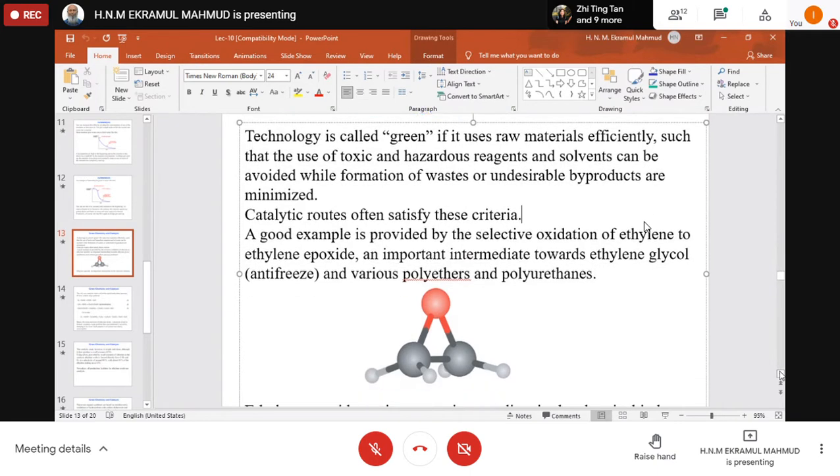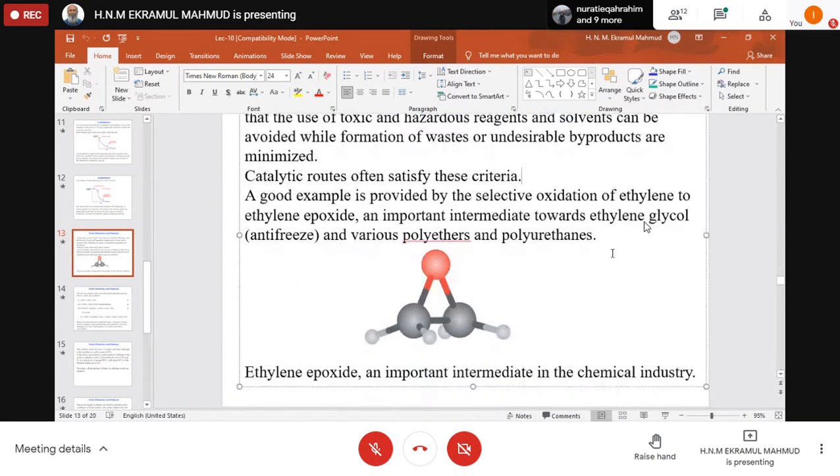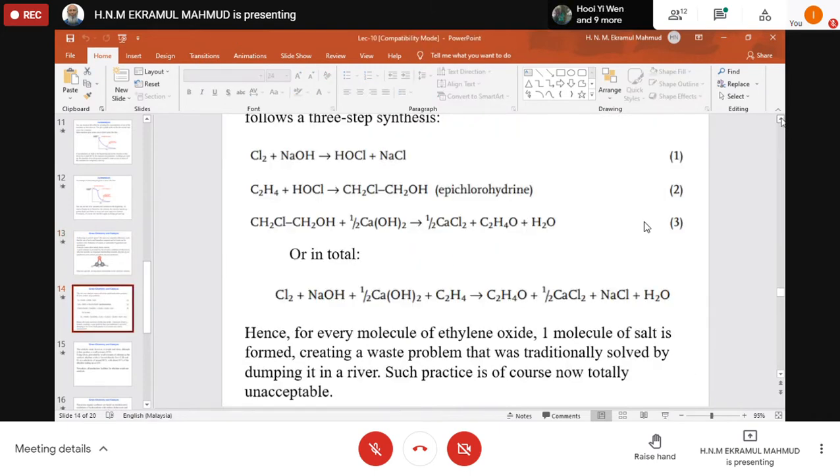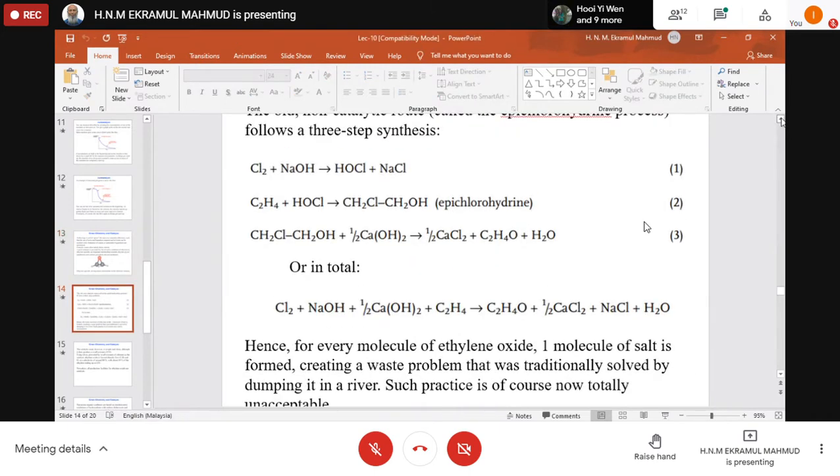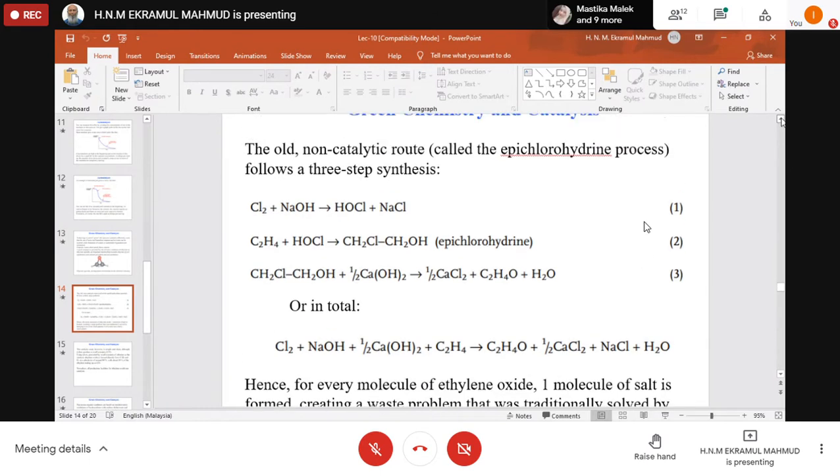If we produce this ethylene epoxide, which is an important intermediate in the chemical industry, we find that by a normal process without using any catalyst, we come across some salts, using the old technique, the non-catalytic route called epichlorohydrin, which is followed by 3 steps.